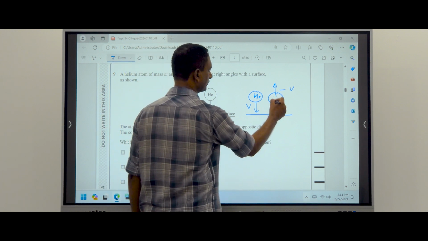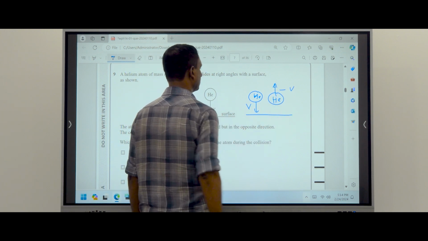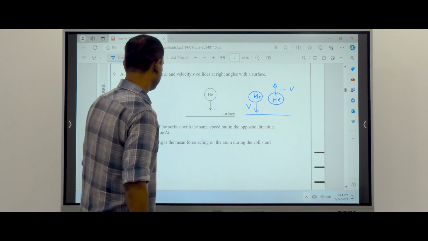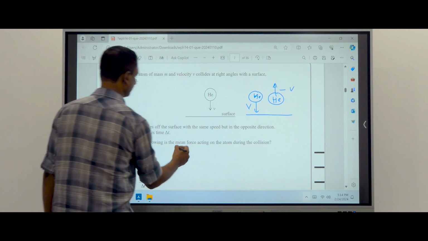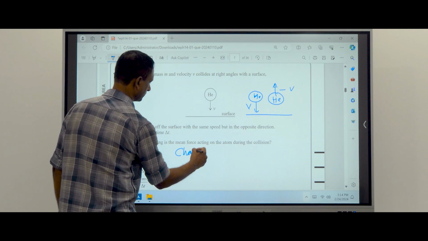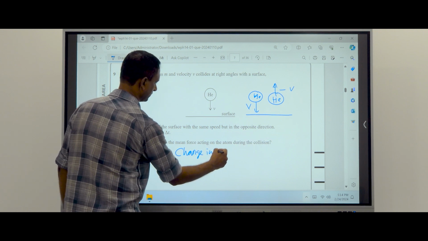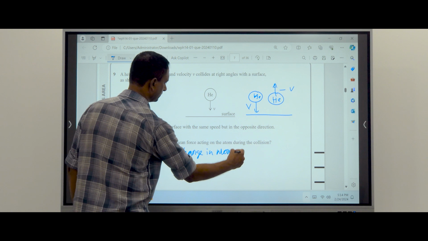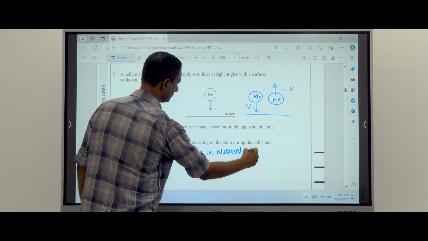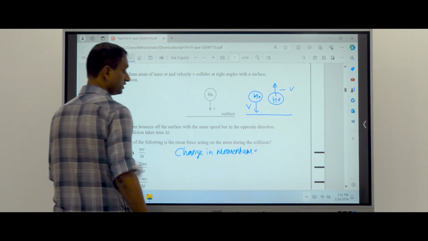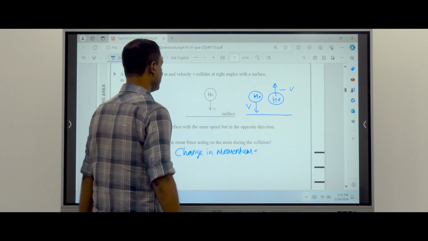Then change in momentum is final momentum minus initial.